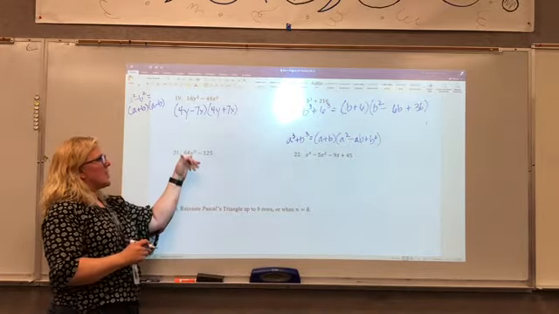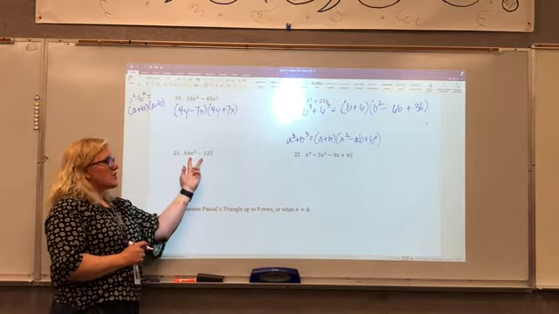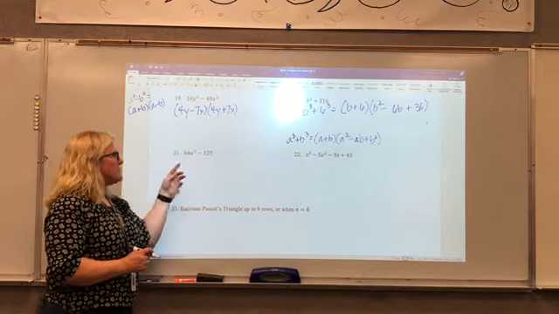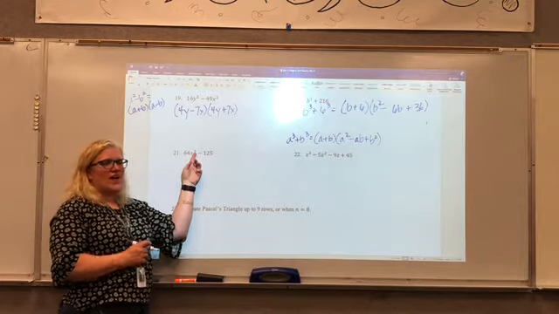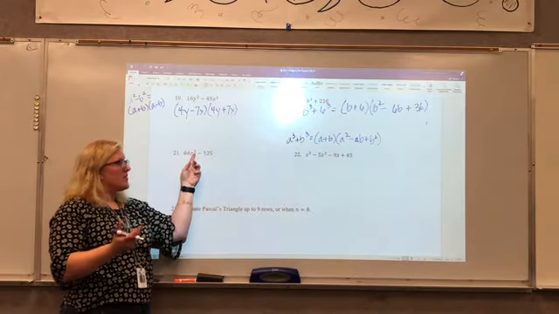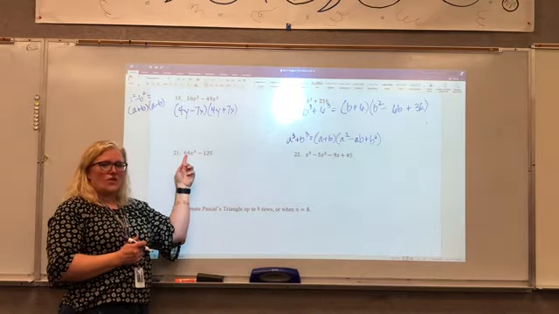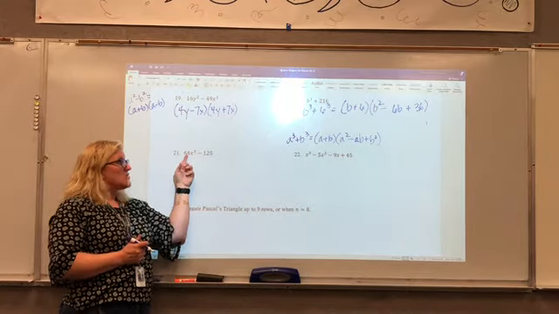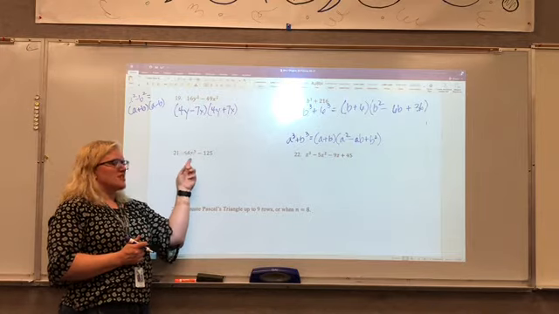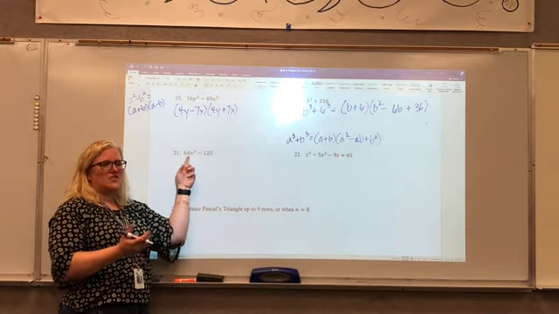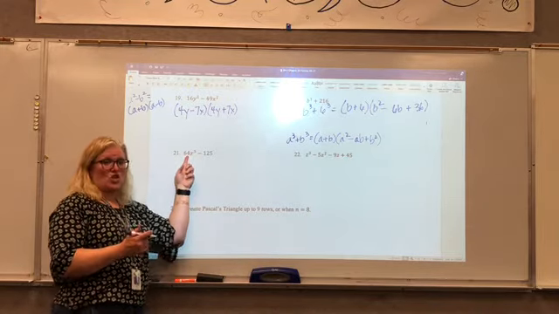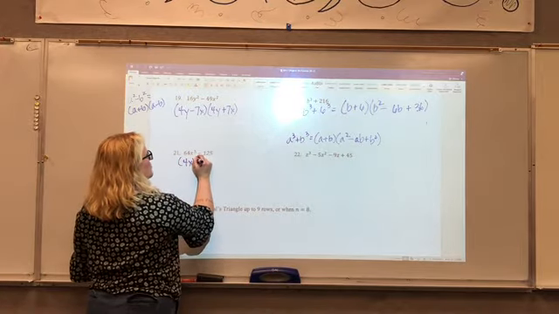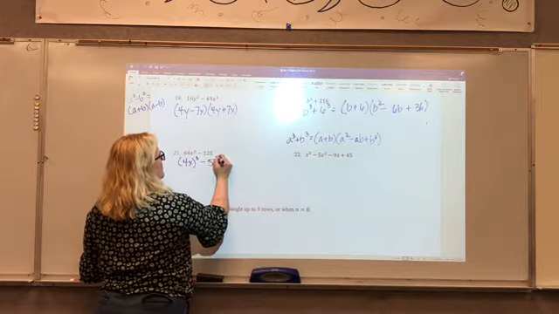All right, this one is also a binomial, but one thing I hope you notice is that I have an x cubed here, and that gives away what I'm going to do. But 64 is not only a perfect square, but it's a perfect cube. So don't let that confuse you. It is a perfect square, but we're using it as a perfect cube. So this is going to be 4x cubed minus 5 cubed.